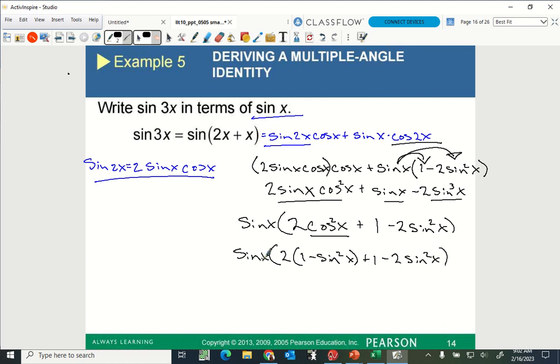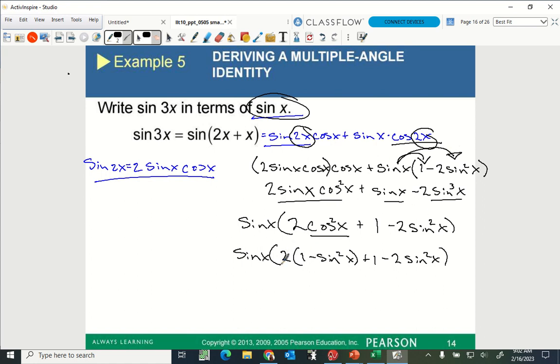So now there's no longer any cosines. The first thing that we did on here is we had to start by getting rid of double angles. That was a problem. But since we're trying to get everything in just sines of a single angle, I took care of the double angles, and now I take care of the cosines.